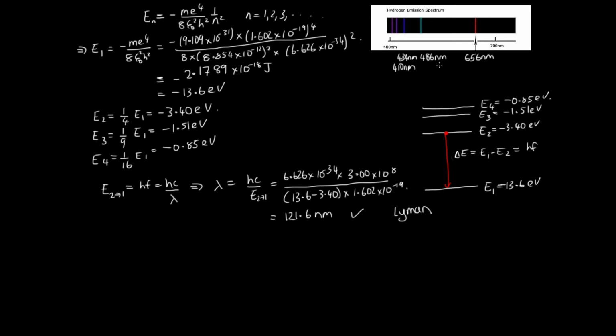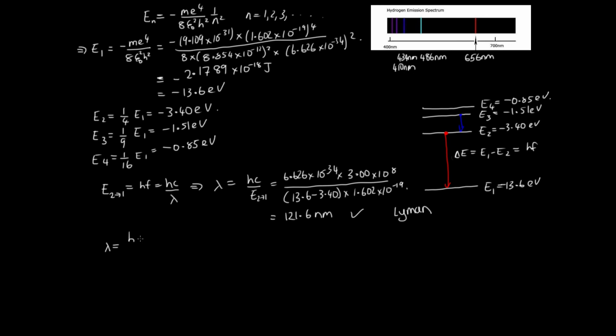These lines actually turn out to be in the Balmer series, which is when electrons transition to the E equals 2 level. One of these is going from E3 to E2, so let's calculate the wavelength of that line now. For this first Balmer line, once again we have hc over E3 to E2.